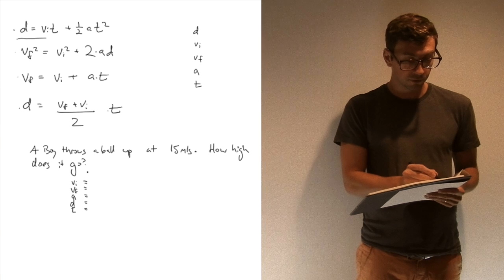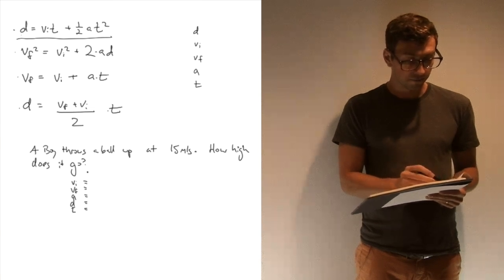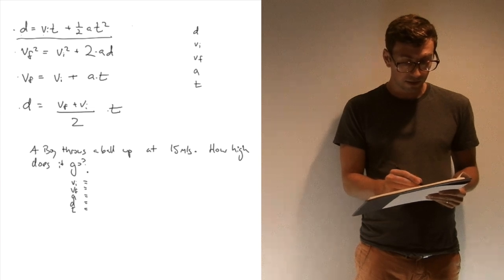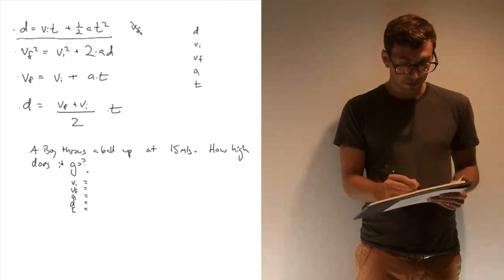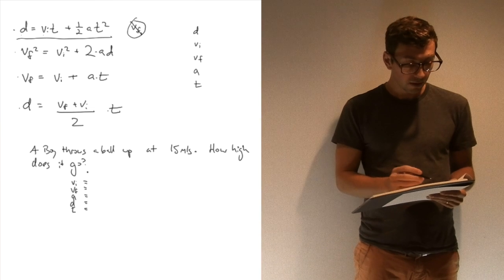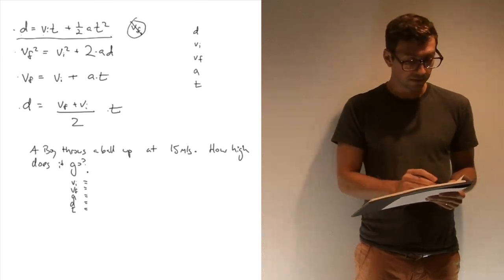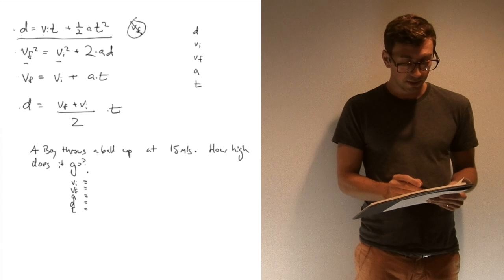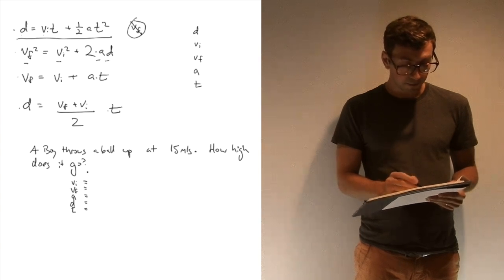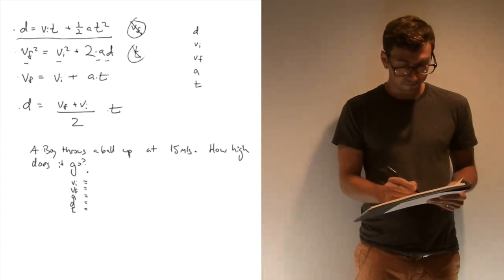For example, this first one has distance, velocity initial, time, and acceleration. It does not have velocity final. The second one has velocity final, velocity initial, acceleration, and distance. This one does not have time.